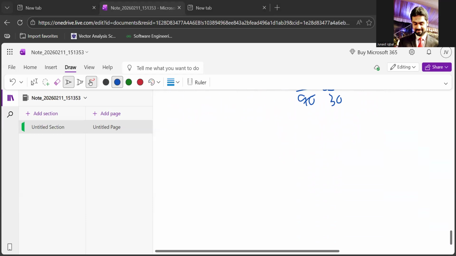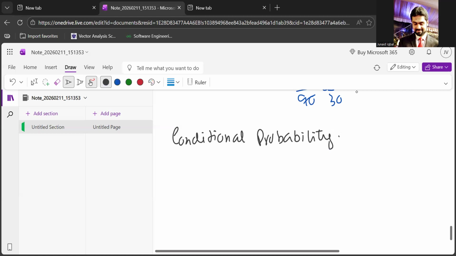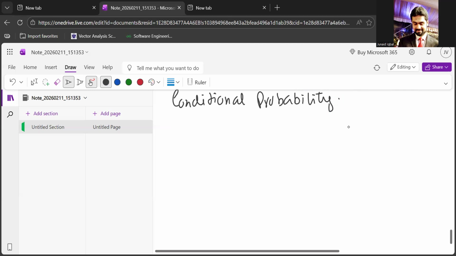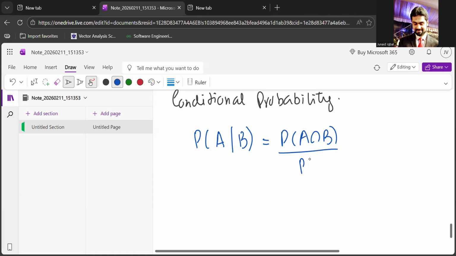Now let's move to conditional probability. Conditional probability is a very interesting topic, and let me write a very simple notation of it. It says the probability of A happening provided B has already happened. Let me give you a very small example.